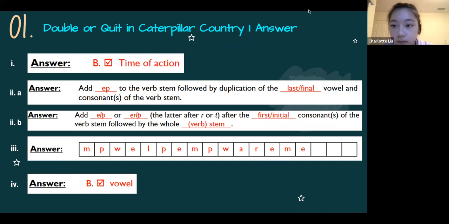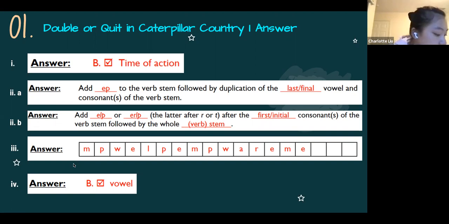And then for number 3, we just check the rules for this. So that would be the rule from 2B, and we see that it doesn't really quite follow the rules. So that would be the one that needs to be fixed a bit.